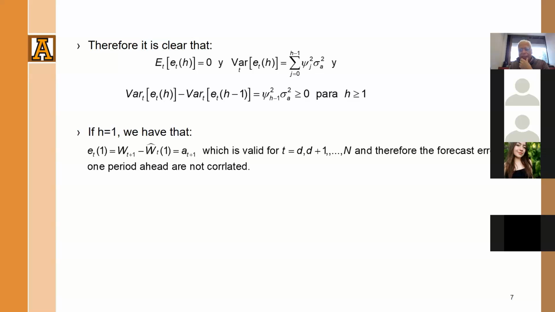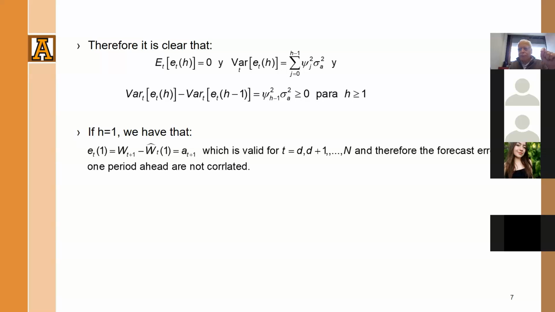Okay, and if h is equal to 1, what happens then? The forecast error 1 period ahead is going to be w_{t+1} minus w hat_t 1 period ahead, and that will be a_{t+1}. So the forecast errors 1 period ahead are white noise.